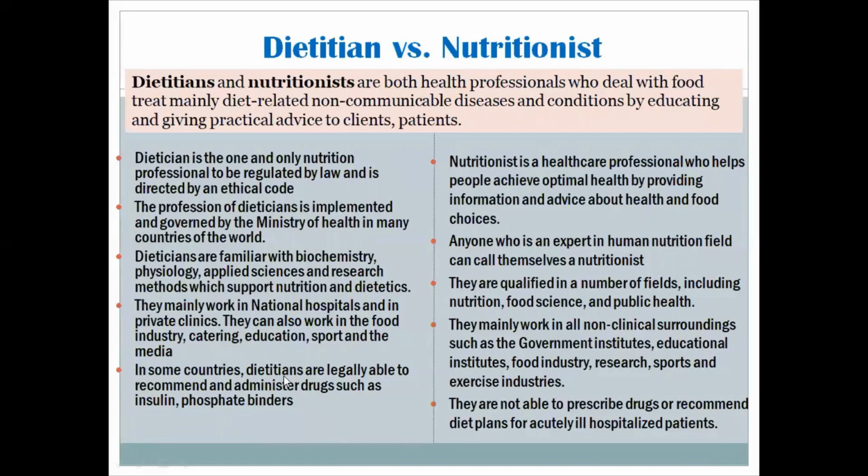In some countries, dietitians are legally able to recommend and administer drugs such as insulin and phosphate binders.